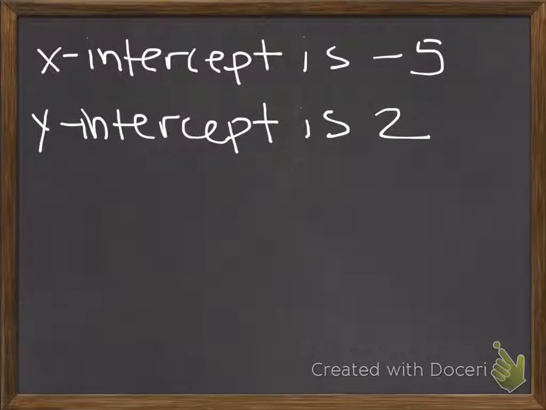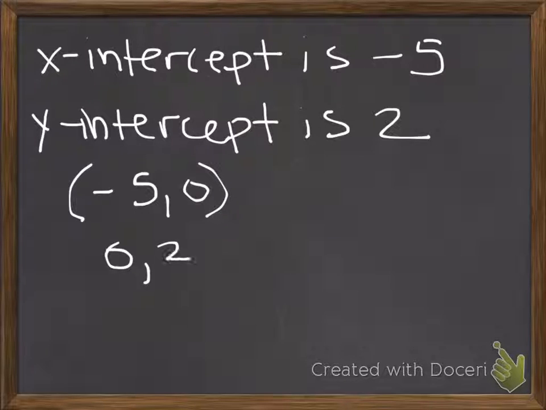Next, I have 2 points given to me, so if it's the x-intercept, the point is -5, 0. If it's the y-intercept, the point is 0, 2. So I'm going to use those points to find the slope.